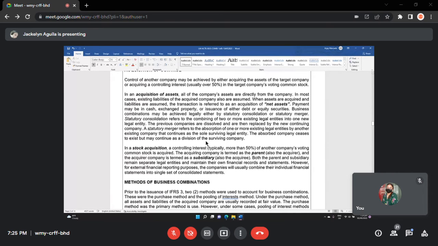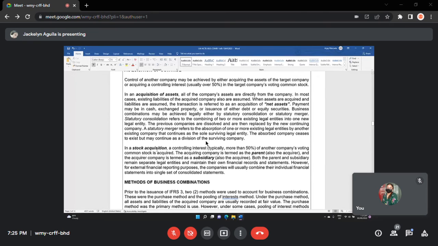A statutory merger refers to the absorption of one or more existing legal entities by one existing company that continues as the sole surviving legal entity. The absorbed company ceases to exist but may continue as a division of the surviving company.